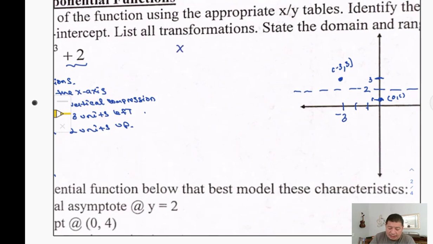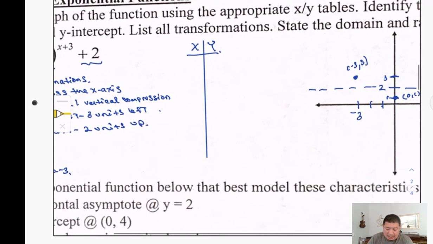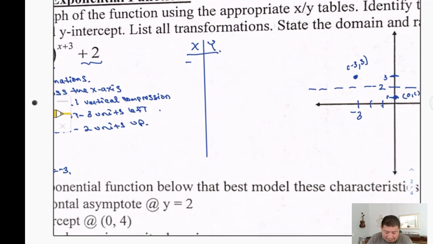Okay, so now let's come up with the x and y values. I am going to select the following numbers: -5, -4, -3, -2, and -1.